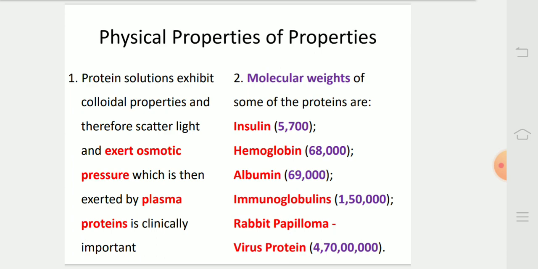Molecular weights of some of the proteins are: insulin 5,700, hemoglobin 68,000, albumin 69,000, immunoglobulins 1,50,000, whereas for rabbit papilloma virus protein it is 4 crore 70 lakhs.